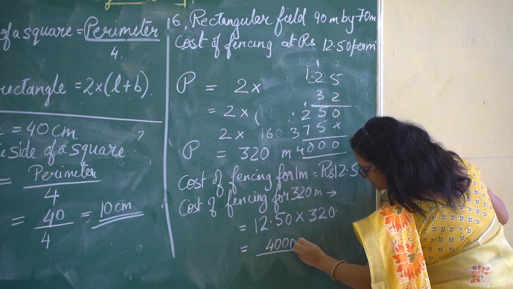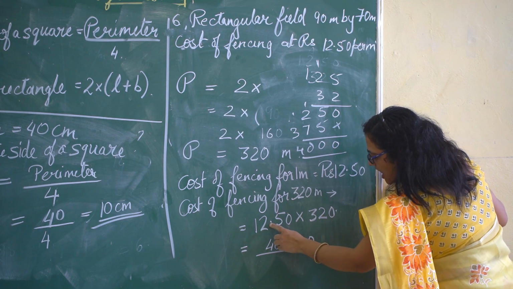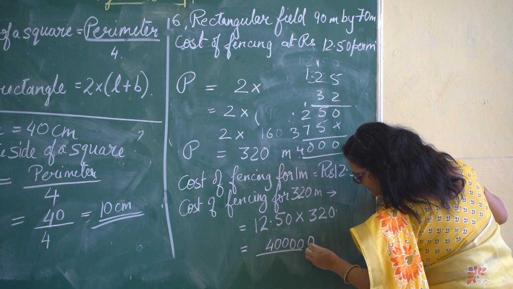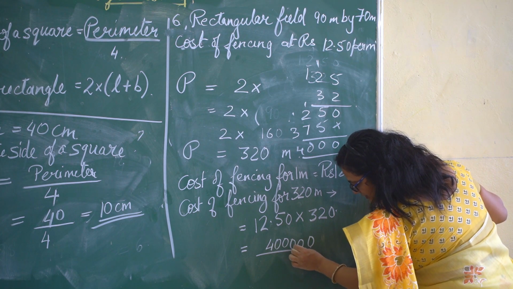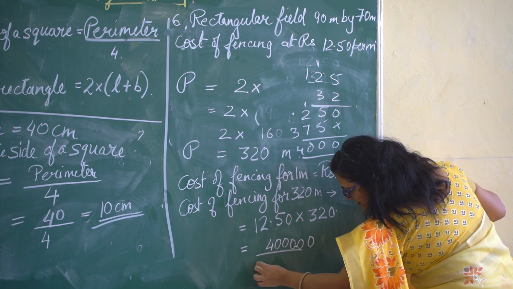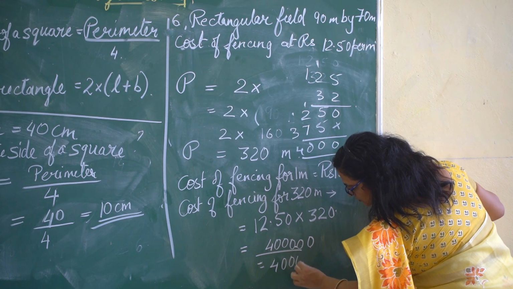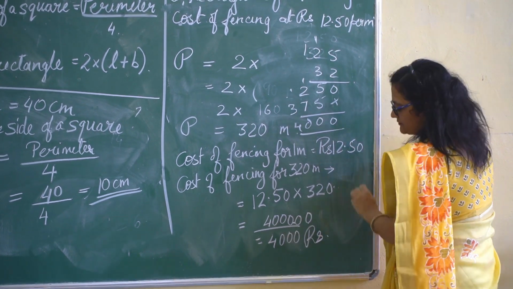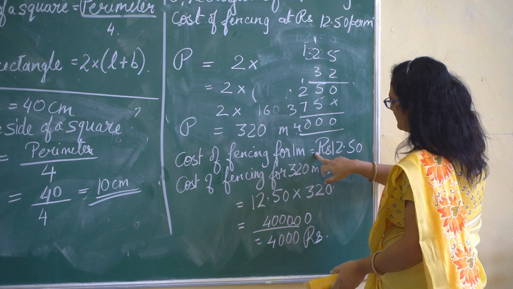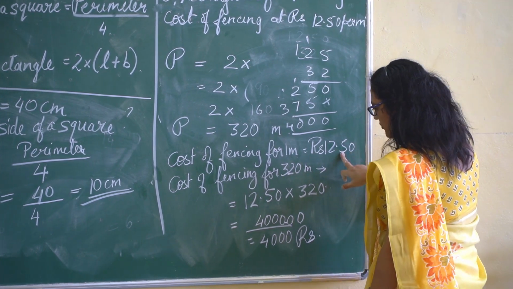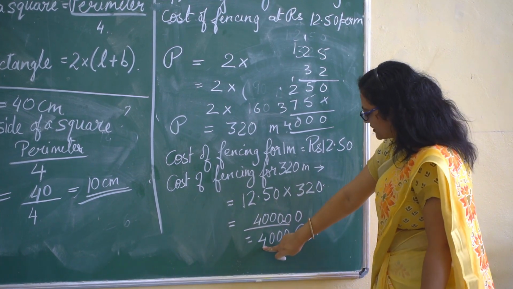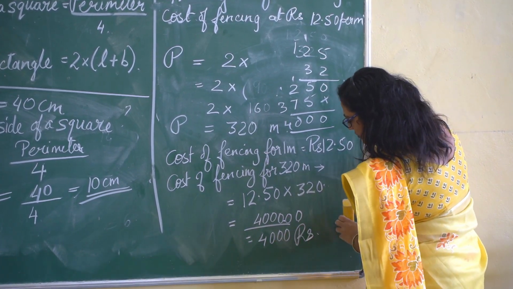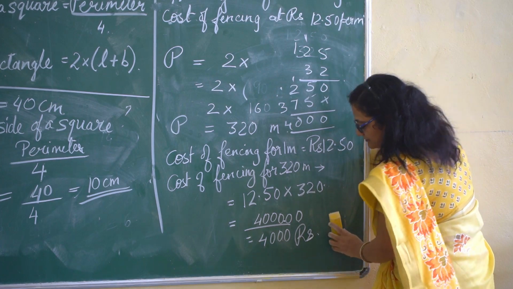How many zeros? 2 zeros. We will put 2 zeros. After the decimal, there are 2 numbers. So from the back we will count 2 numbers, 1, 2, and put the decimal. So your answer will be 4,000 rupees. The cost for 1 meter of fencing is rupees 12.50. We have to find for 320 meter. So for 320 meter, you have to pay how much? 4,000 rupees.